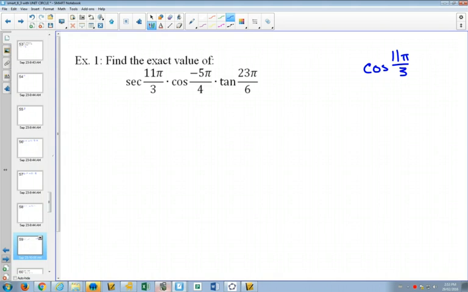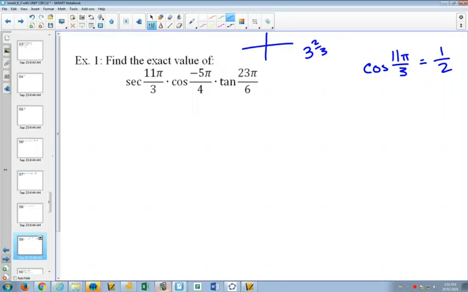So again, we go through the same idea. We say it's part of the pi over 3 family. Since it's part of the pi over 3 family, I know that cos of pi over 3 is a half. What quadrant is 11 pi over 3 in? If you change it to a mixed fraction, you're going to get 3 2/3.